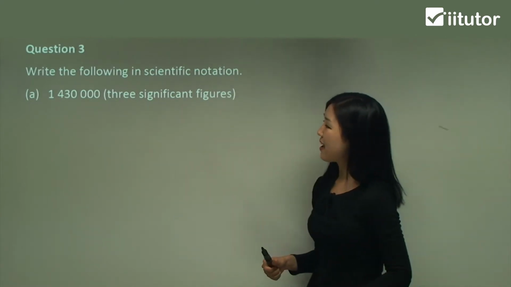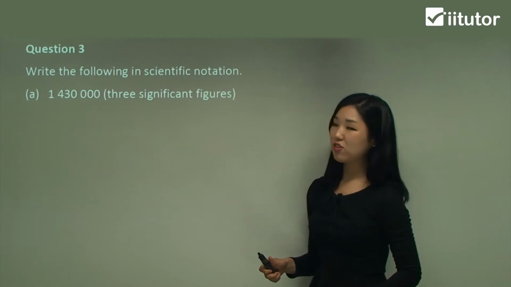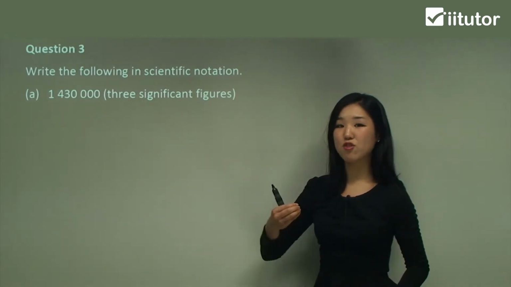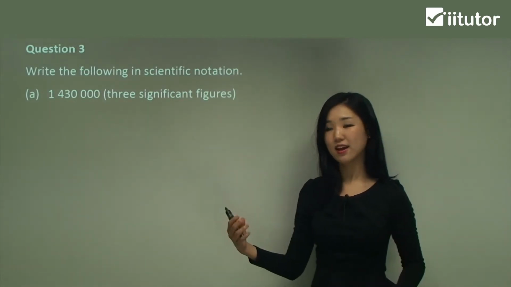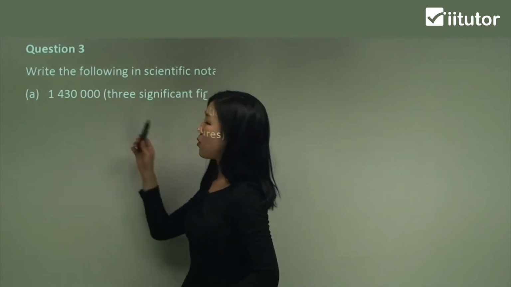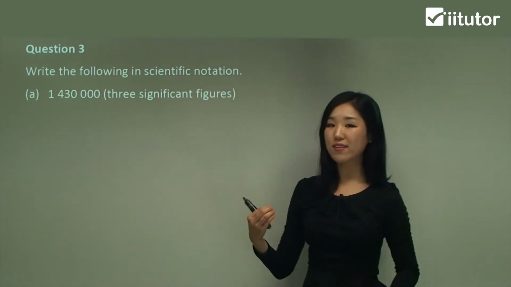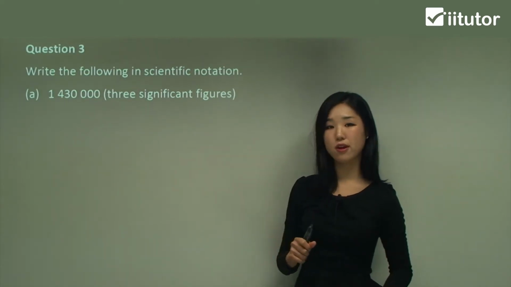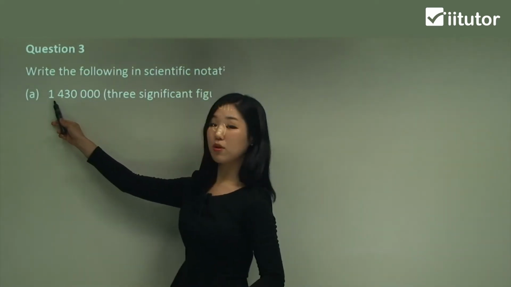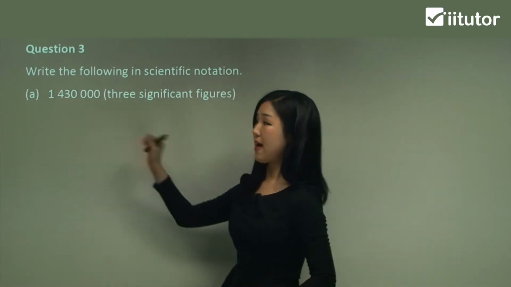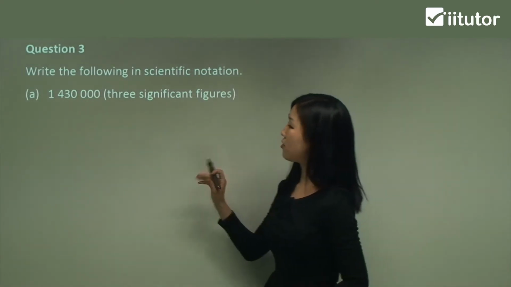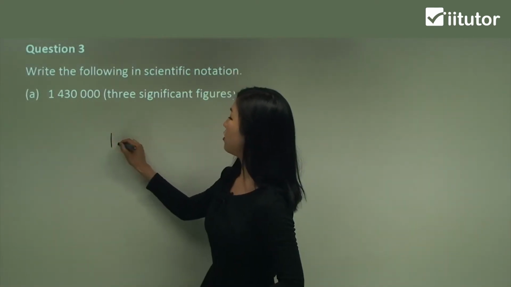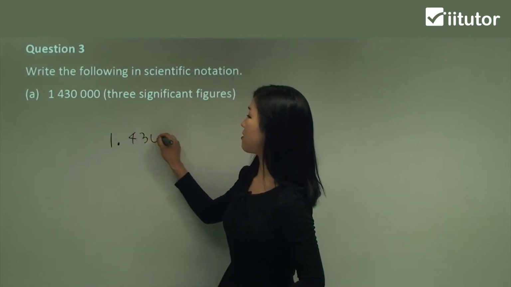So what we can say is we can change it to a decimal number and try to use multiples of 10. So you can see with scientific notation, we always like to put the decimal in front of the first non-zero number. So see how the first number is 1 and I can ensure that that's not 0. So what I'm going to do is put a decimal in front of it like that.